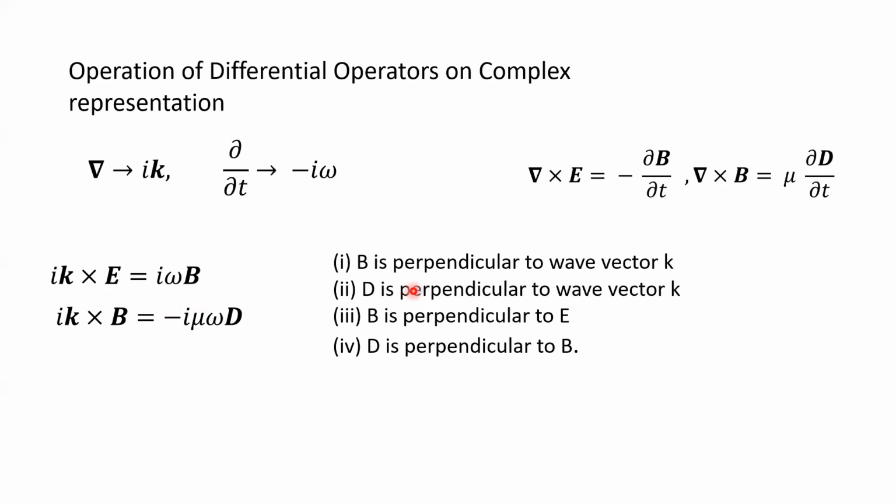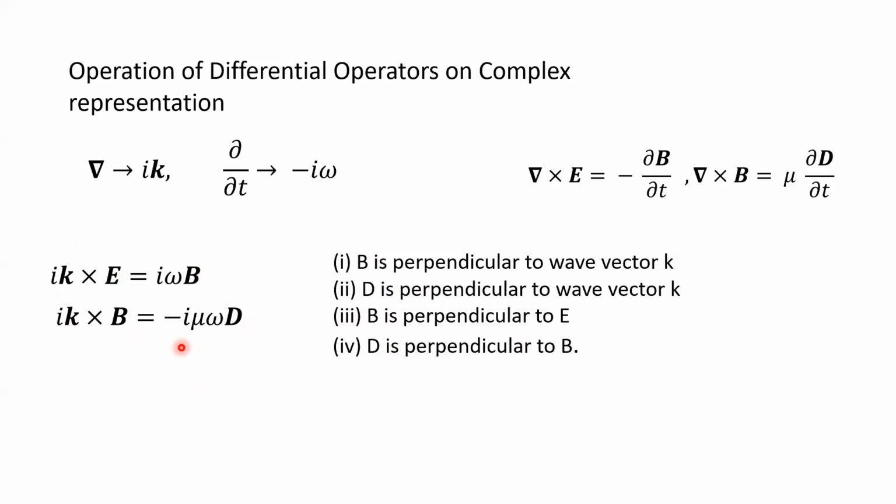The other thing is, if you look at this, D is perpendicular to K and B. The other way to look at it is that B is perpendicular to the electric field, and D is perpendicular to the magnetic field. So these relationships, which vector is perpendicular to which vector, you can extract by just looking at these two equations.